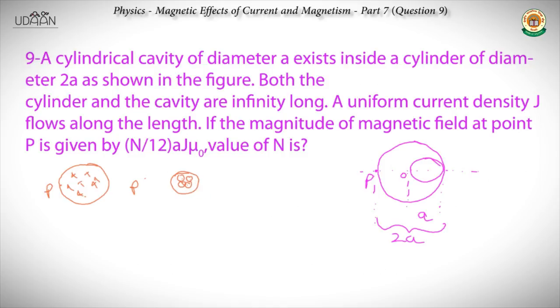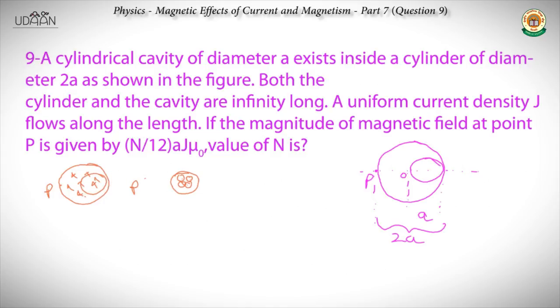Because the cavity contains no current, the current carried is 0. So instead of saying it carries a current 0, let's say that it carries a uniform current density J both into the plane and out of the plane. So the net current would be 0.